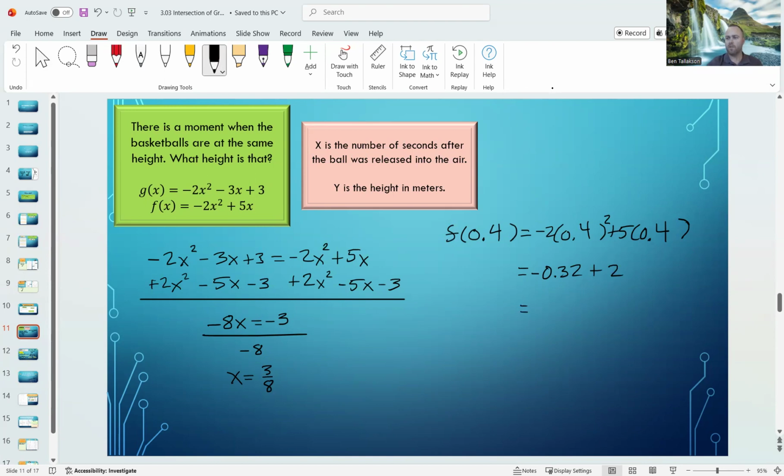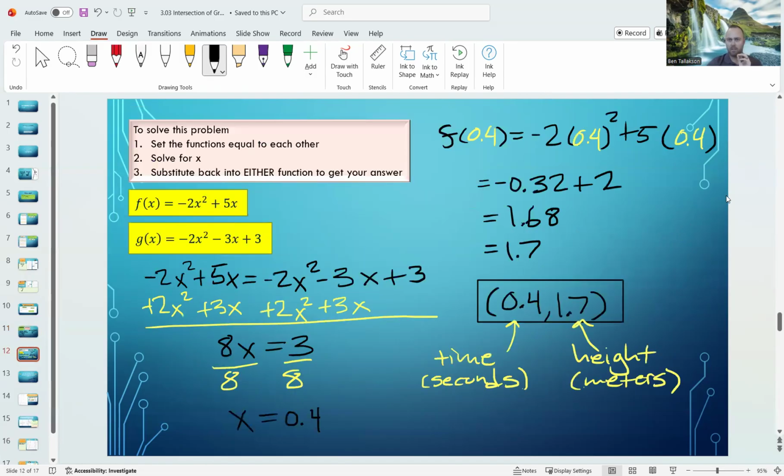Add those together, we get 1.68. We do want a positive value because we're dealing with height and might want to round that height to the tenths place as well. Time in seconds, height in meters.